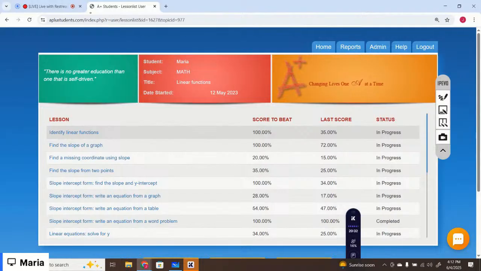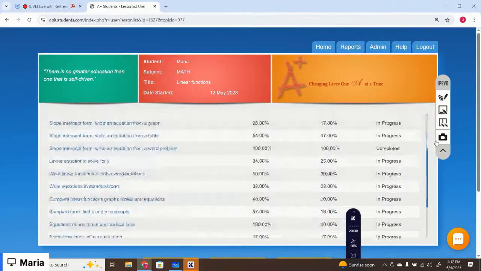The next lesson is write linear functions to solve word problems. So let's just start with the lesson.